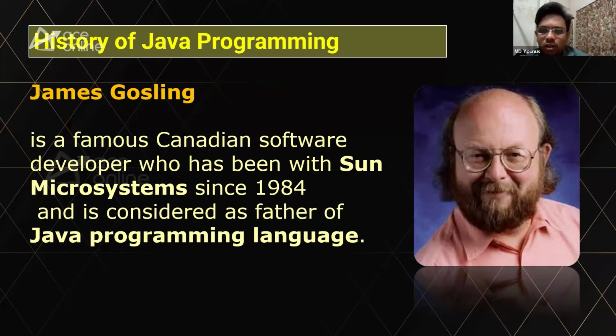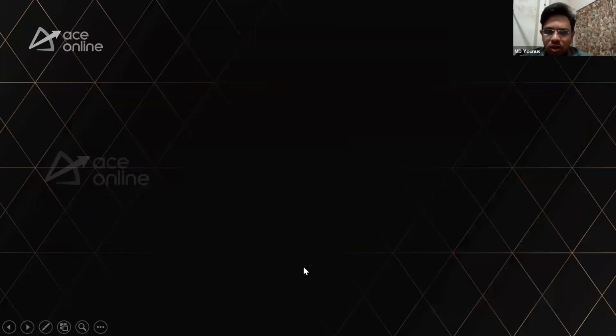Along with James Gosling, there was a team of members who were working on this project, and he is considered the main person for developing the language, and that's the reason he is called the father of the Java programming language.